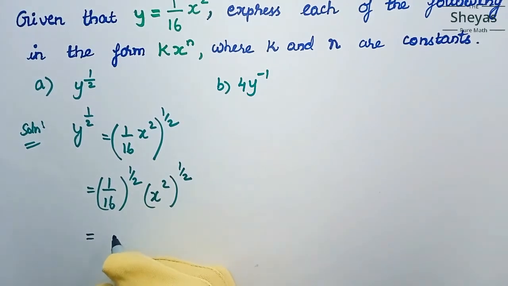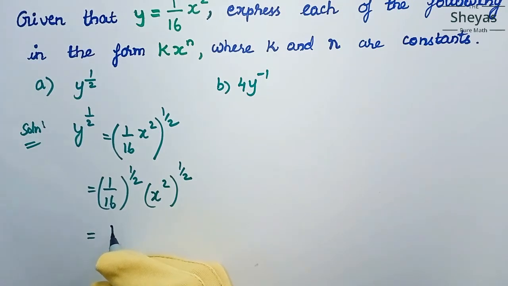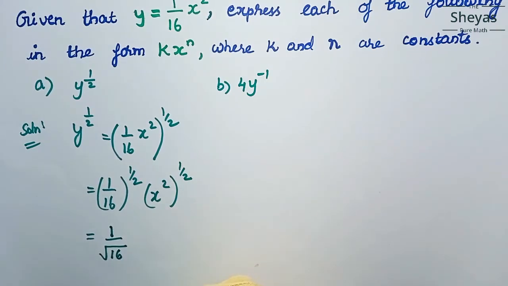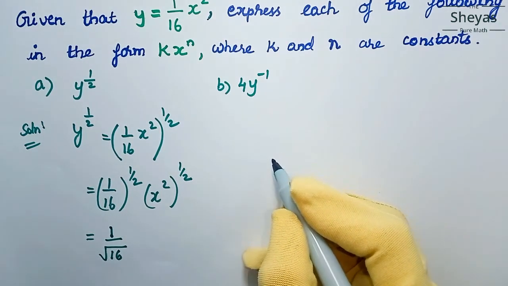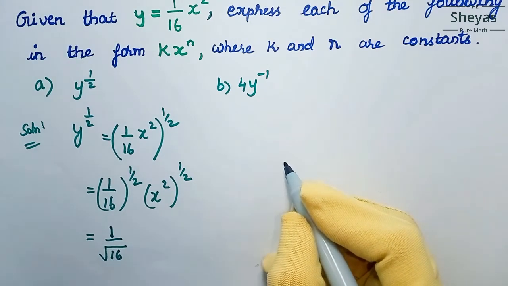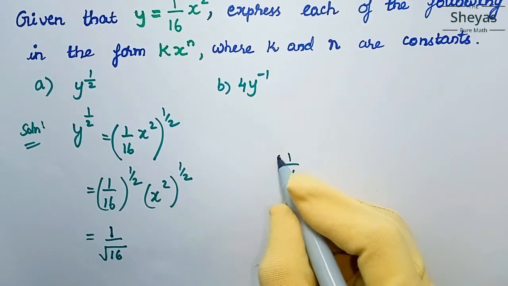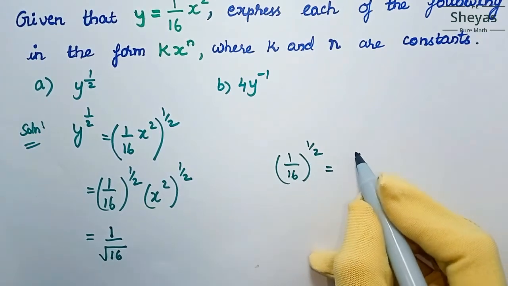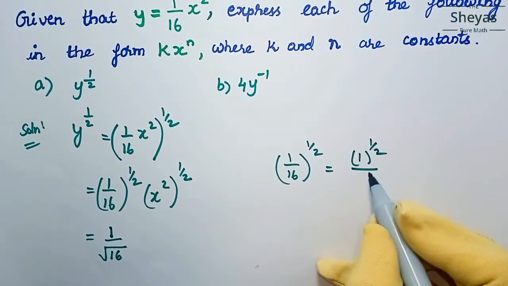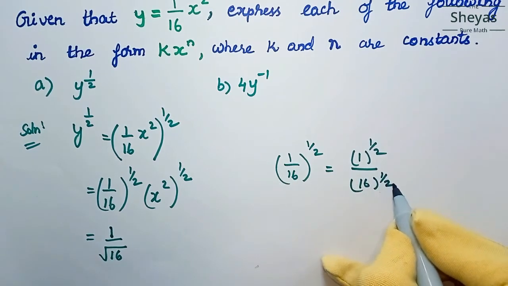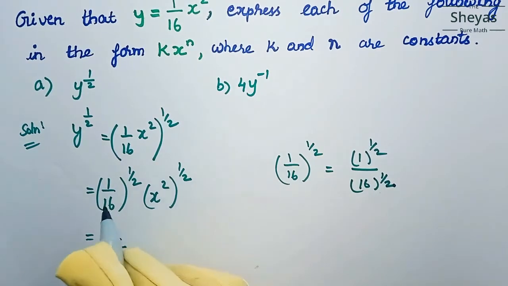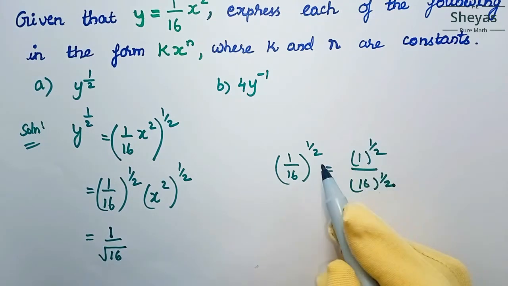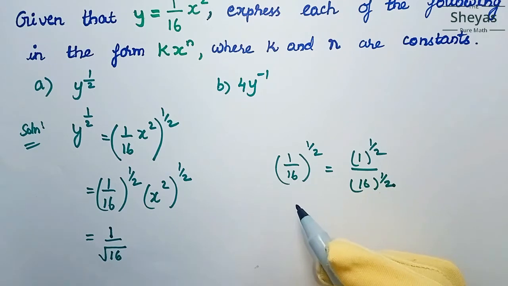Now 1 by 16 can be written as 1 by root 16. Let me write the rough work here. So 1 by 16 the whole power 1 by 2 can be written as 1 power 1 by 2 over 16 power 1 by 2, because we are giving this power separately to numerator and denominator.